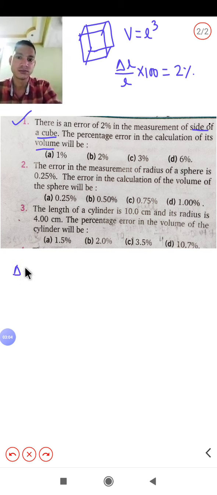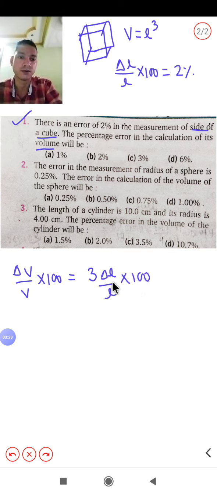So let me use this formula here. With the help of log, we know how to write the formula for relative error, and then if we multiply it by 100, we'll get the percentage error. So on this side I'll get 3 delta L by L. We know how to write these equations with the help of log or differentiation.